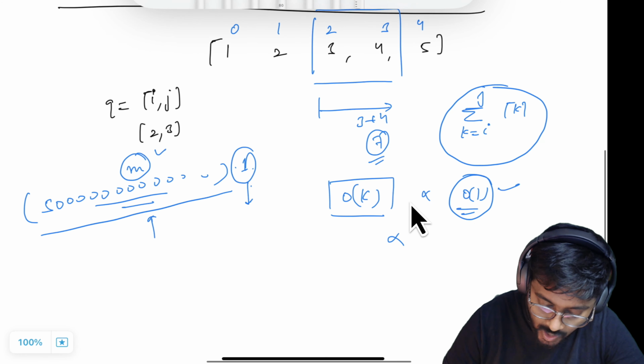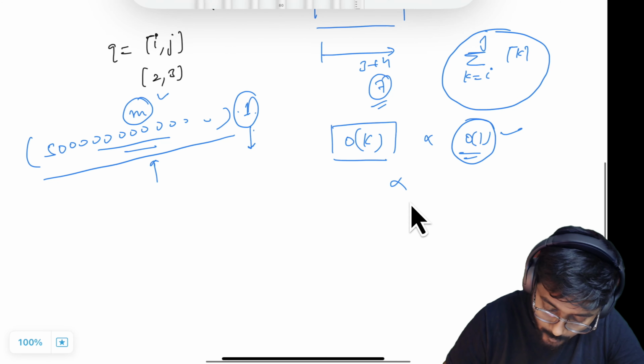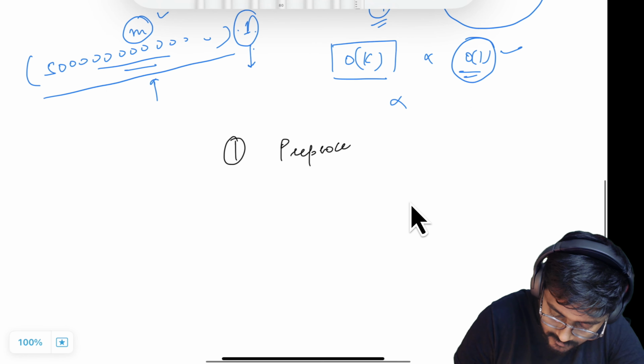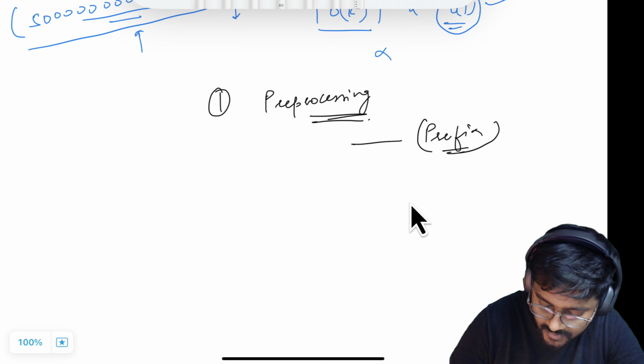So how do we optimize it? To optimize these kinds of operations, we have to do some kind of pre-processing, and in this case that pre-processing is called prefix.